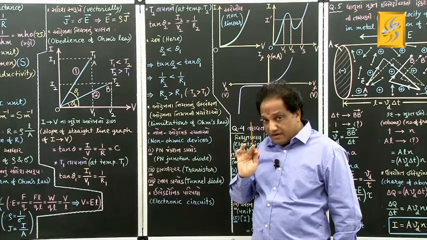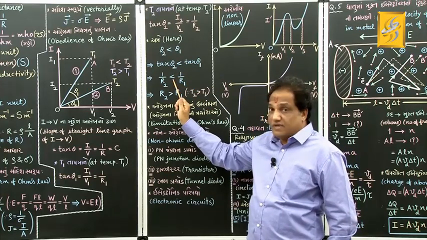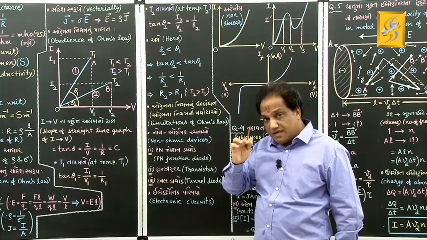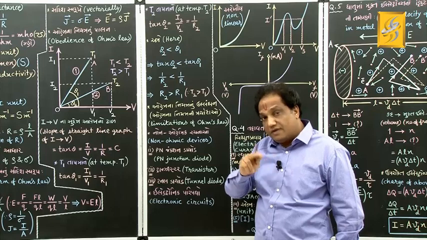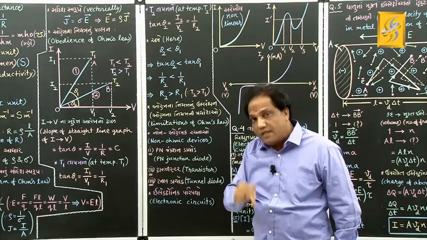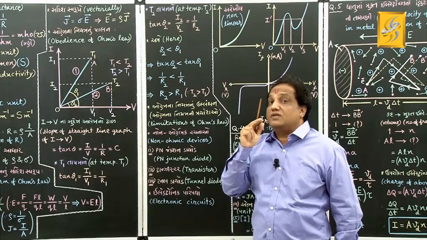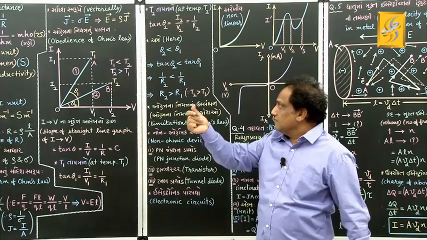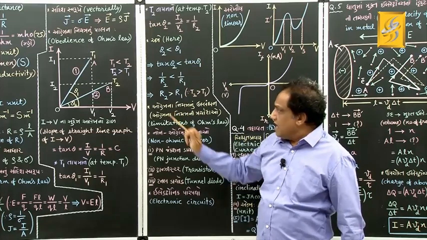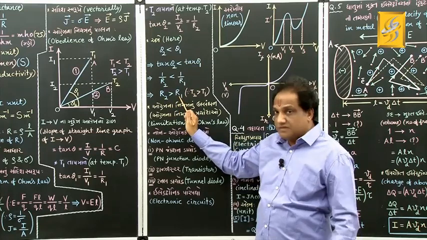But just beware, it is a sign of inequality. Whenever you take reciprocal in an equation having an inequality relation, that inequality sign will get changed. Now, just take reciprocal, then R2 will be greater than R1.